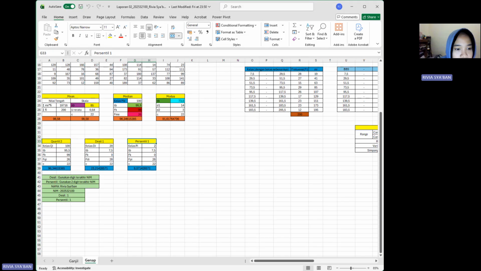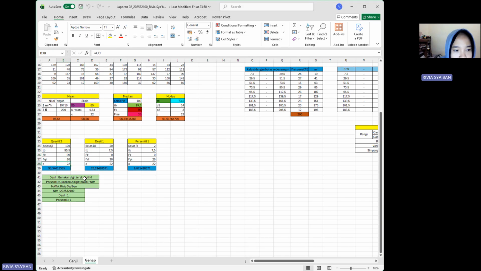Using the interpolation formula, we find the lower boundary like this. Then the cumulative frequency, Fk, is 99, and the class width, C, is 22.